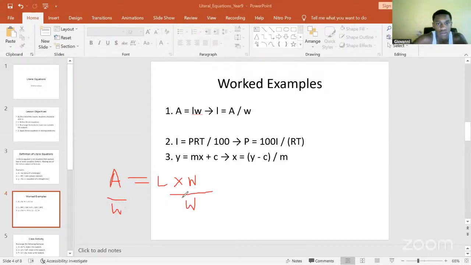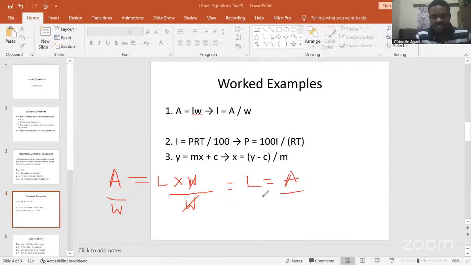So the width cancels the width, and we're left with A over W equals L. Very good. So you've actually made L the subject of the formula. The same way, if I ask you to make W the subject of the formula, what will be your answer?